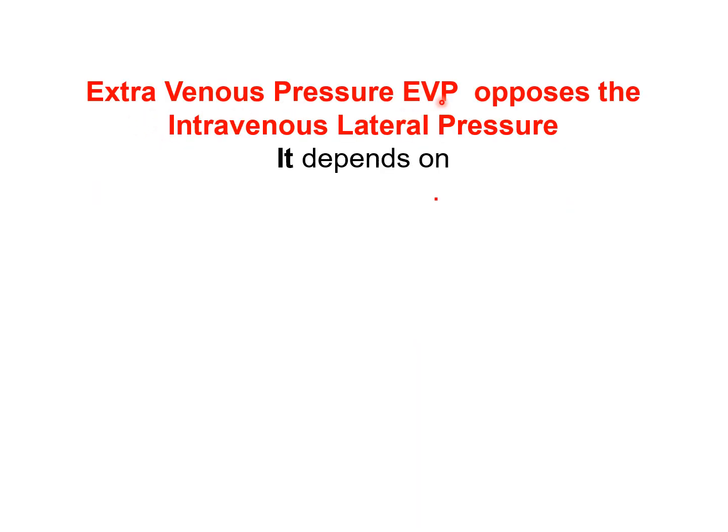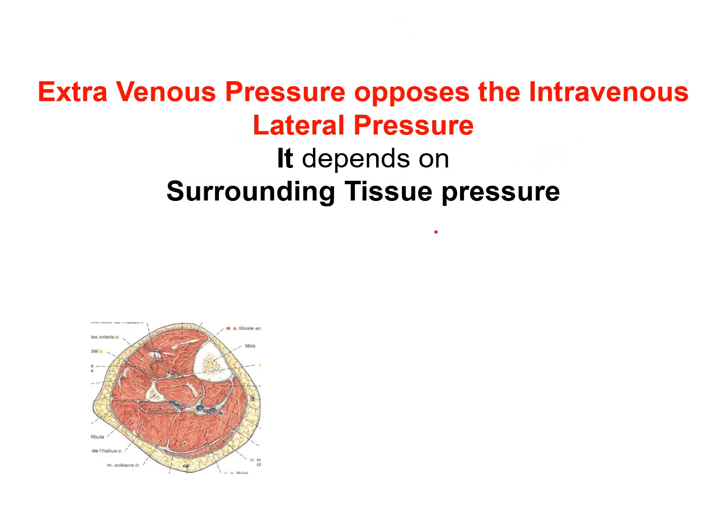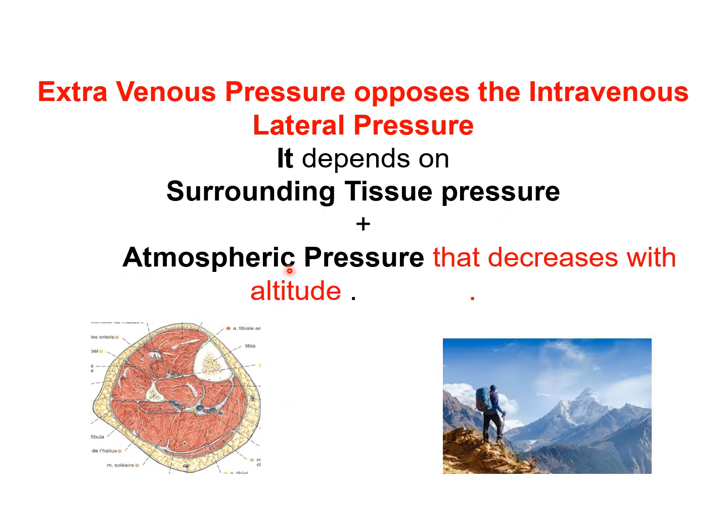Extravenous pressure, EVP, opposes the intravenous lateral pressure. It depends on the surrounding tissue pressure and the atmosphere pressure that decreases with altitude.